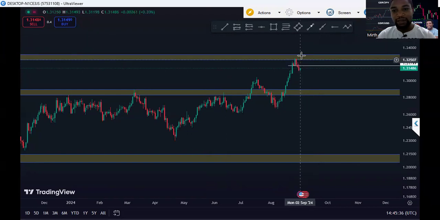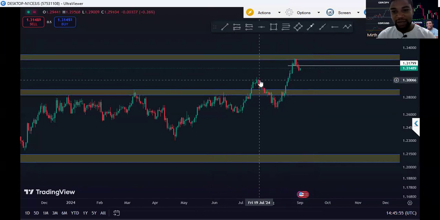But as long as this market stays below this area, either they push back like this to come here and form a little bit of a chart pattern, a double top or a head and shoulder pattern, I'm still going to be looking for sells on this market, at least to this area as my first level target.